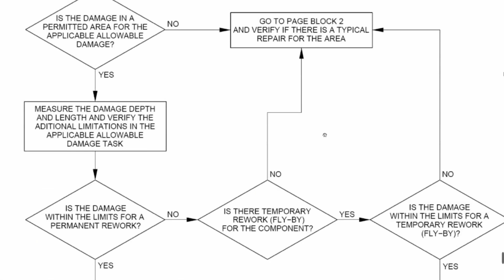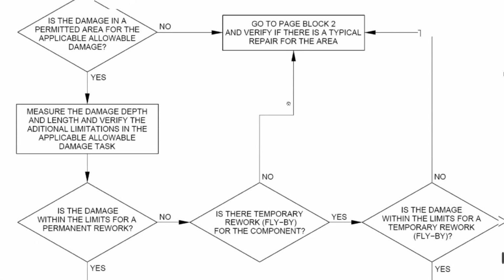We have a period or some cycles in which we can prepare to permanently fix the problem. Maybe with component part replacement, like a piece of skin, for example, or any other component that we can replace, or we can do a permanent rework. It depends. These are our options.